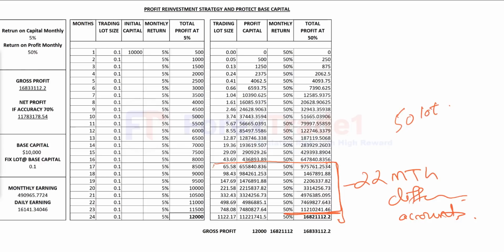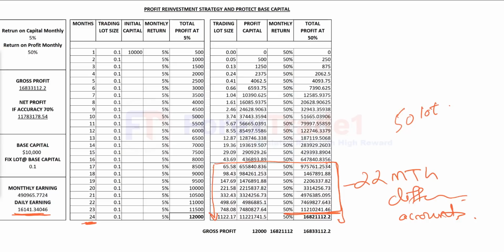As your lot size is gradually increasing and your profit is also increasing, practically you have to keep diversifying that profit into another MT4 account to trade, and you can keep on enjoying your daily profit of $60,000 out of all these 24 accounts at the end of the 24 months.